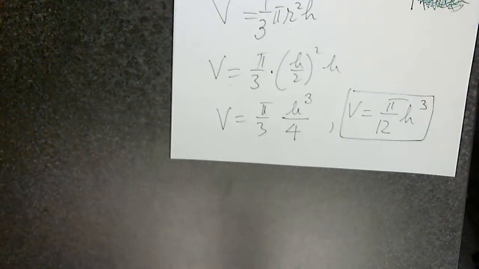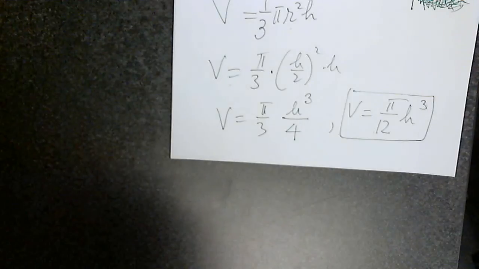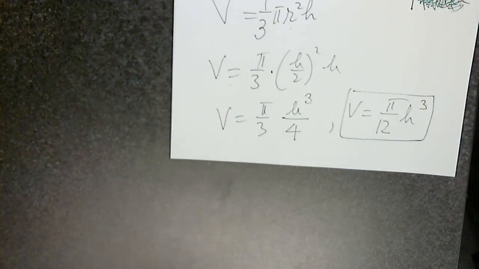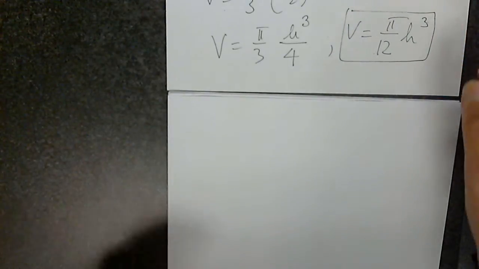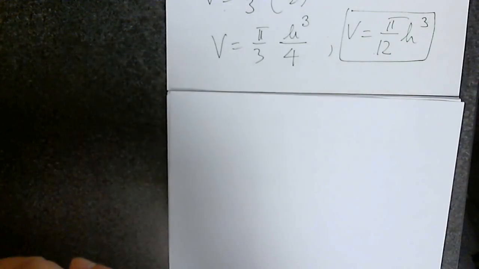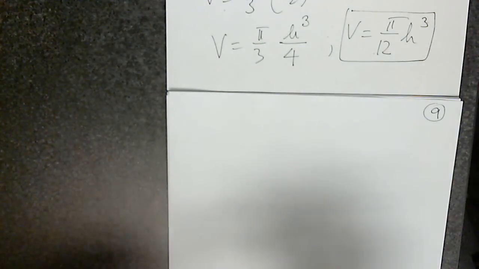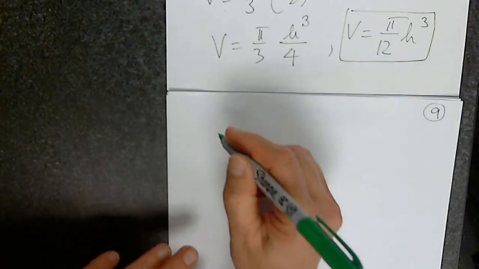Since V and h are functions of time, I have to differentiate the left-hand side and the right-hand side, keeping in mind that V and h are functions. So please differentiate the left-hand side. dV over dt. Very good.